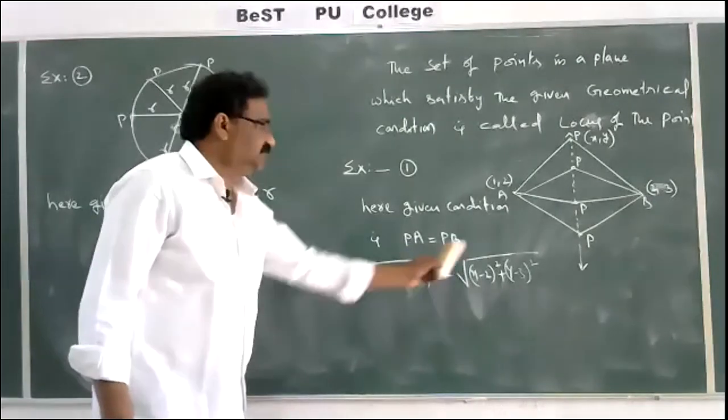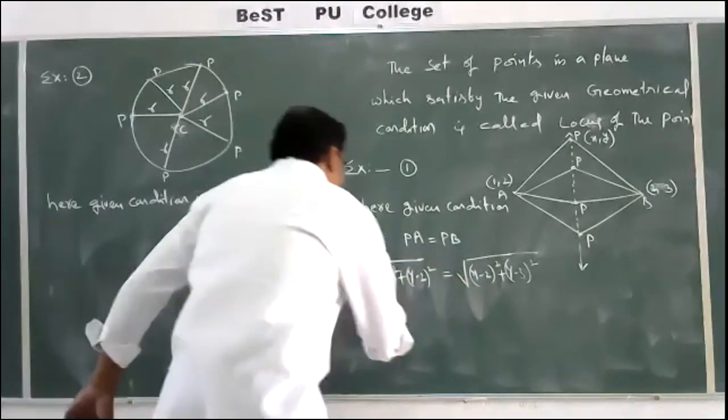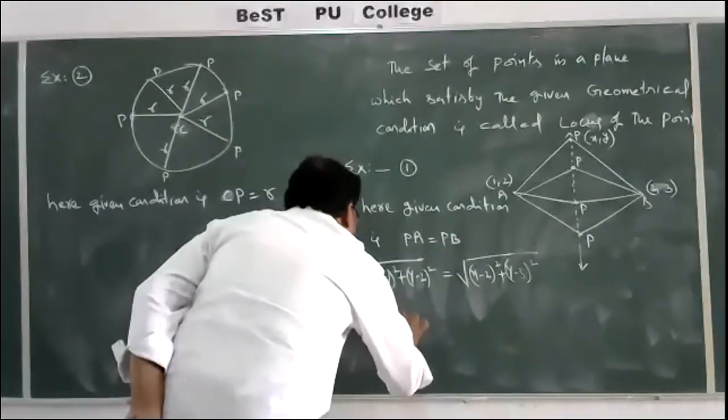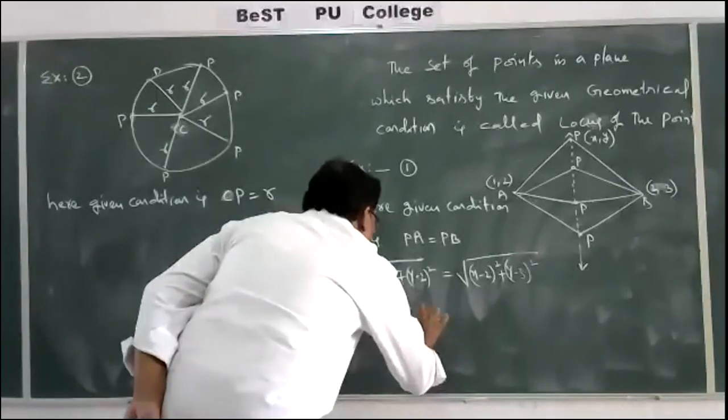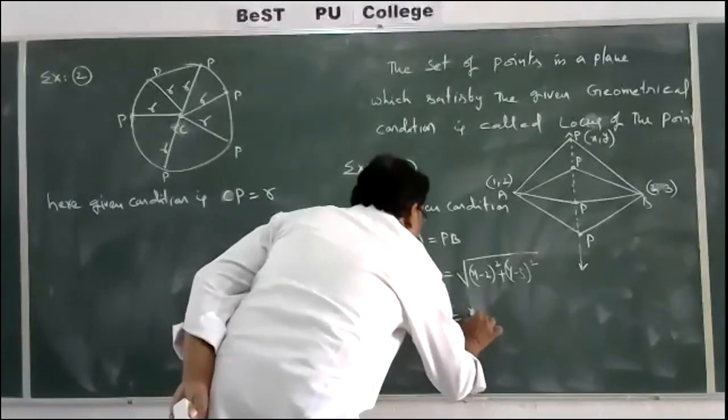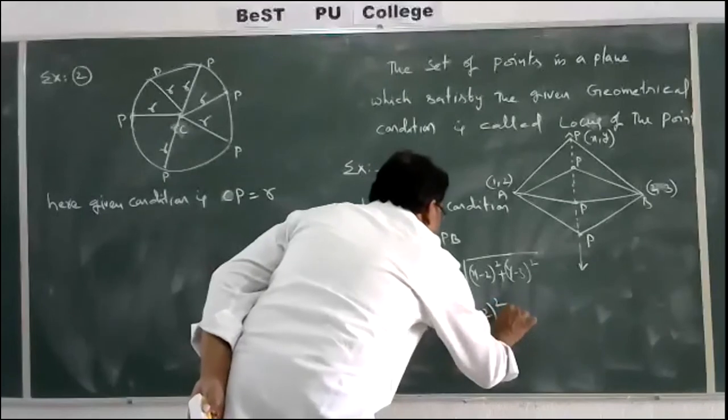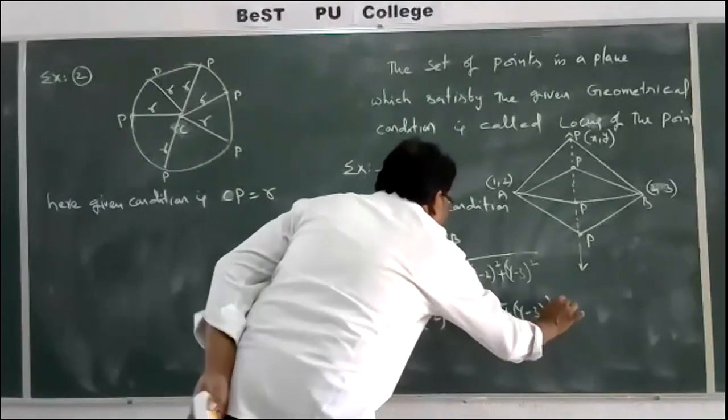Squaring on both sides, the roots are cancelled. Then you get (x minus 1) whole square plus (y minus 2) whole square is equal to (x minus 2) whole square plus (y minus 3) whole square.